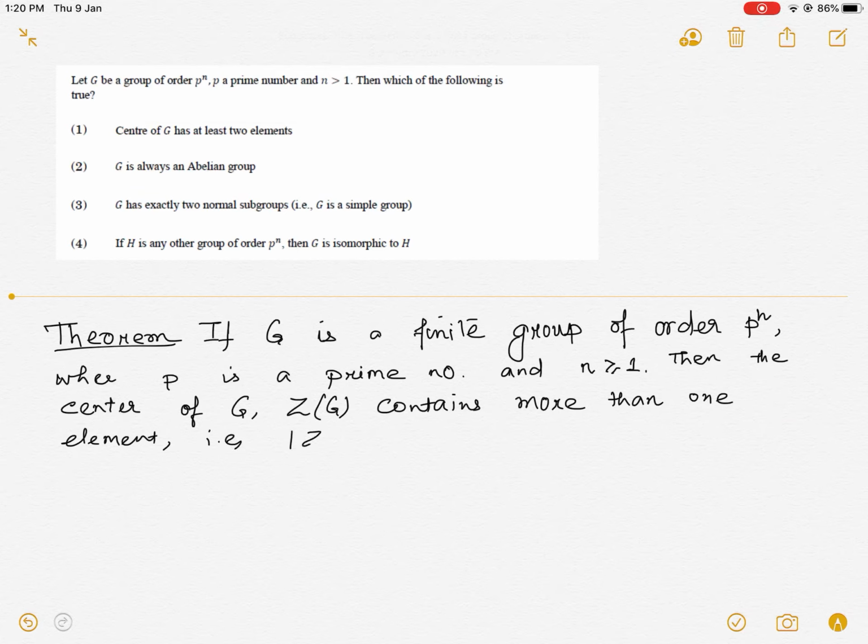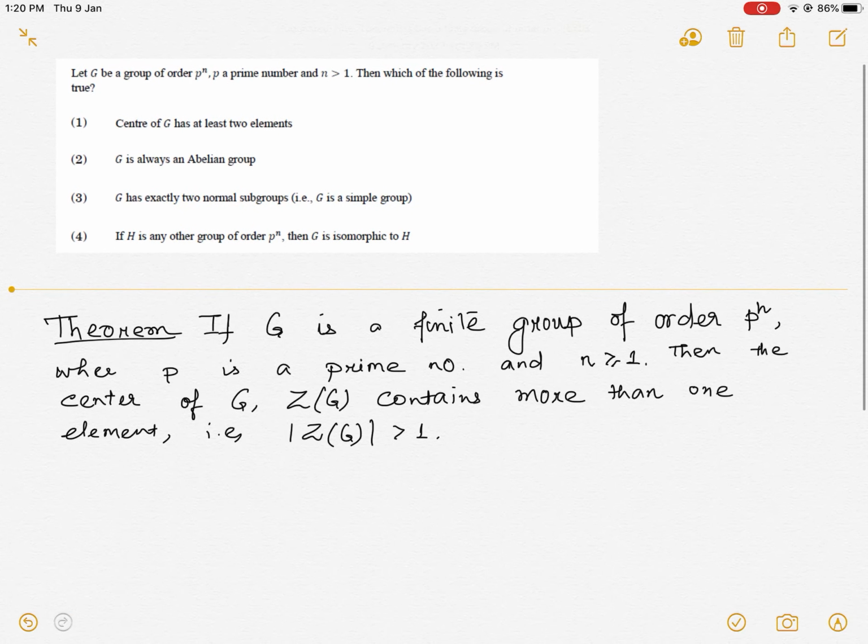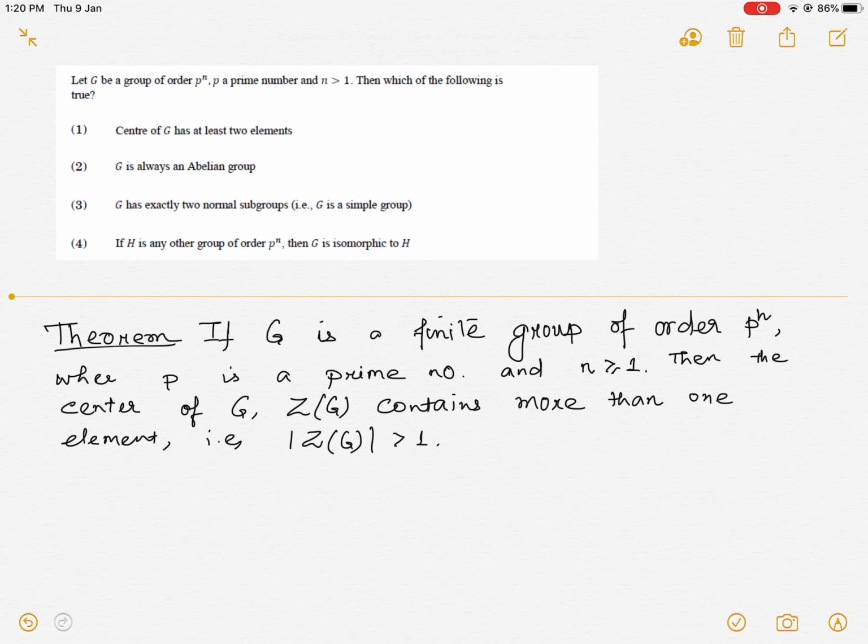That is, |Z(G)| is greater than 1. The given question is a direct application of this theorem.